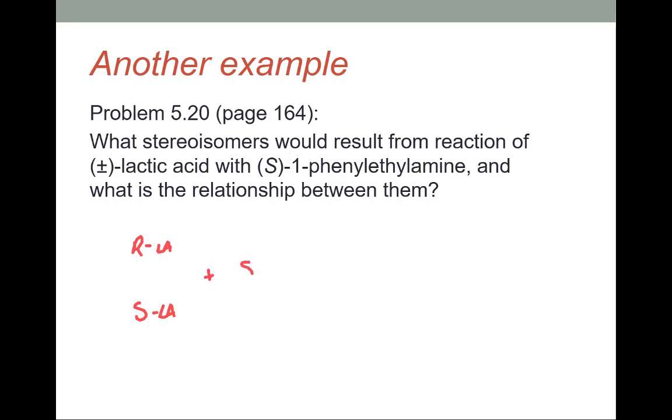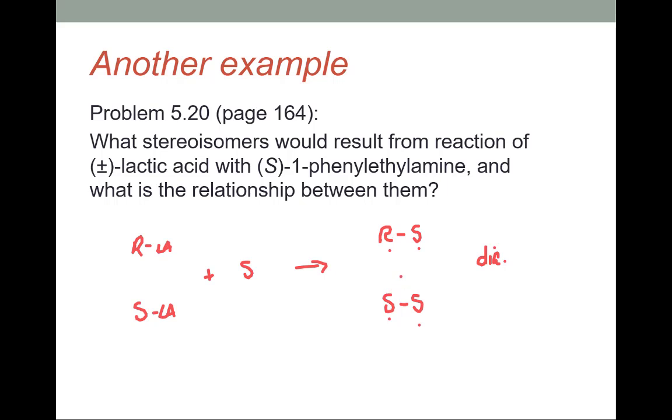I'm going to react them with an S compound, and so what am I going to get? Well, I'll get an RS and I'll get an SS. Okay, what's the relationship between these? Well, part of the molecule is identical, part of the molecule is mirrored, and so these are diastereomers.